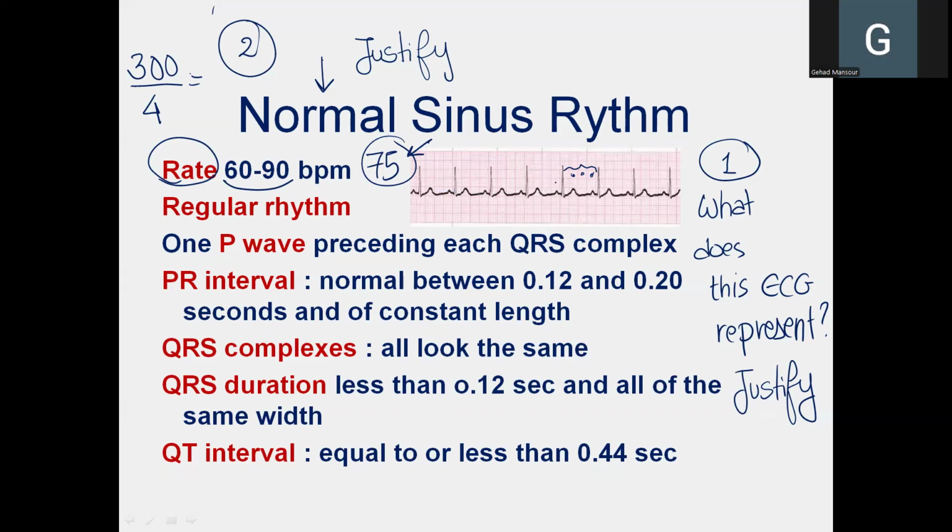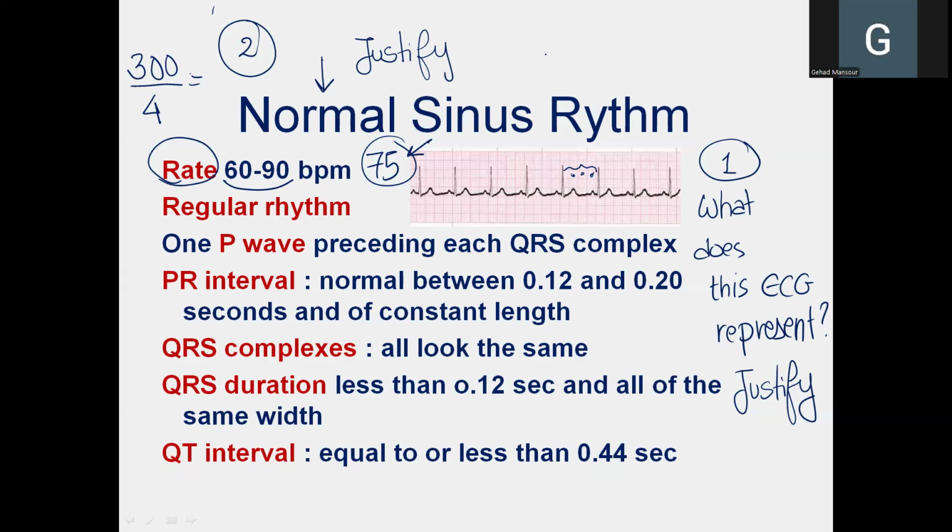You might be wondering why I said 3 big squares plus 5 small squares, which is another 1 big square. This is just because I'm opening the PowerPoint presentation on the slideshow, so I cannot enlarge the ECG picture, and therefore I can't see accurately the number of small squares.